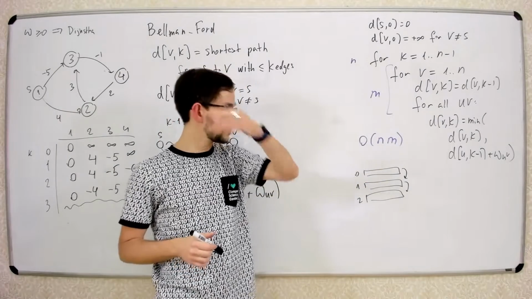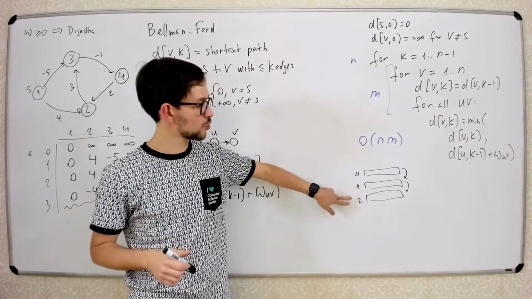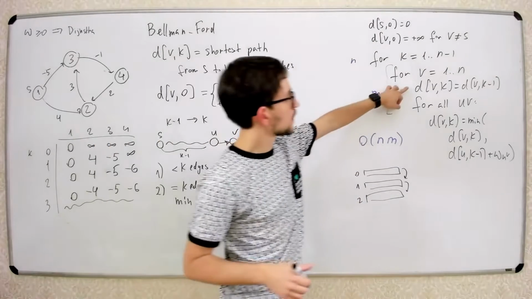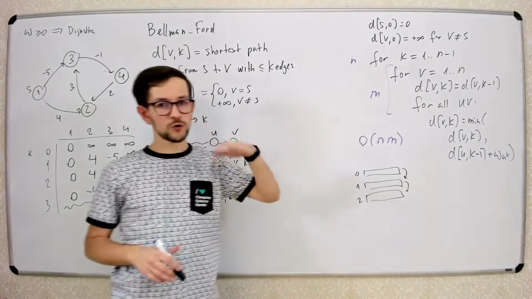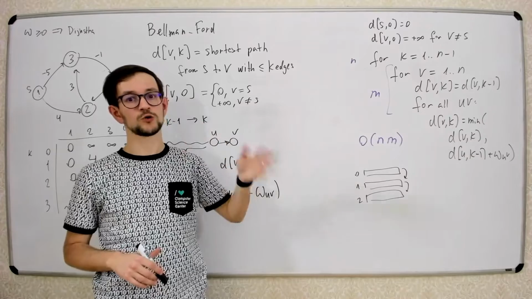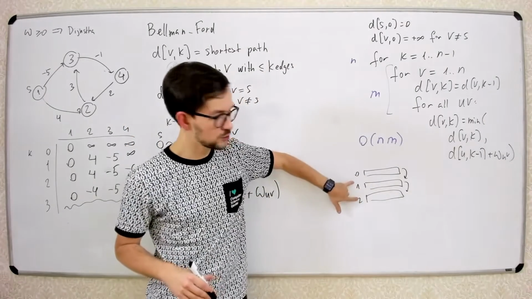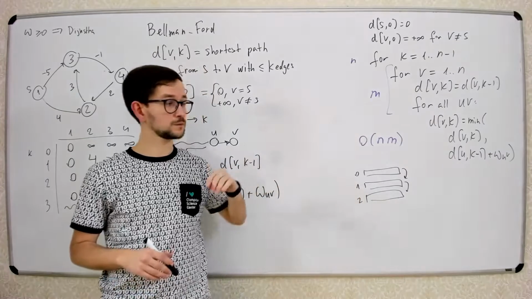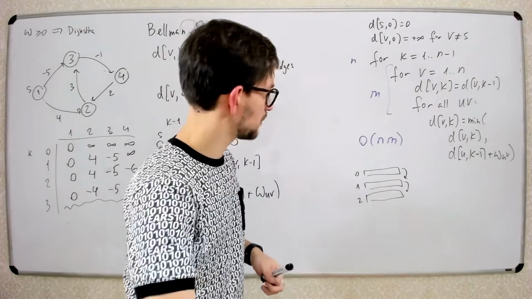So what you can do is to store in your matrix only the last 2 rows. You use row k minus 1. All the rows above k minus 1, you don't need them anymore. So you can forget all the rows here and only use these 2 rows. If you do it like this, the memory complexity will not be n squared.